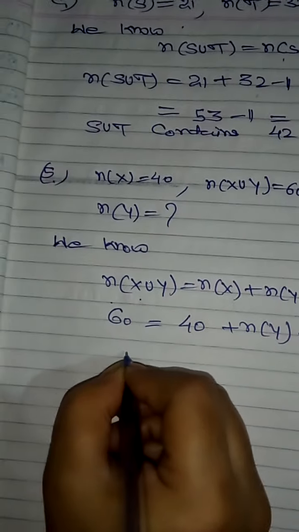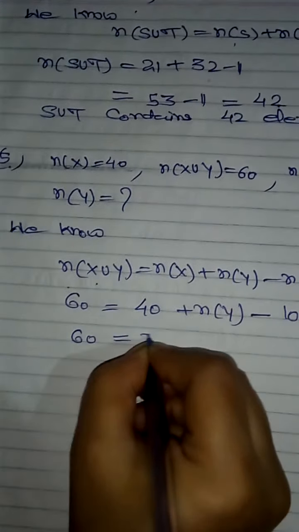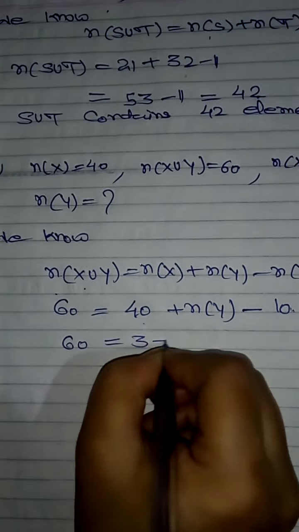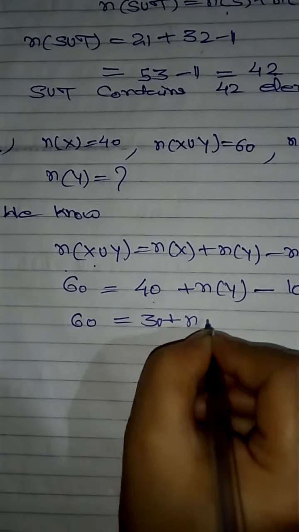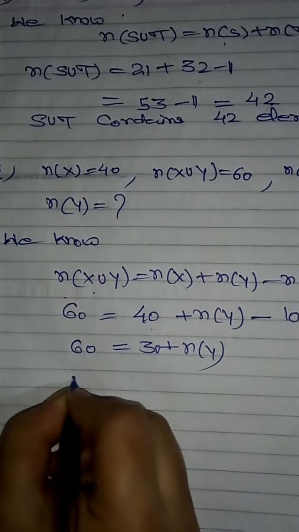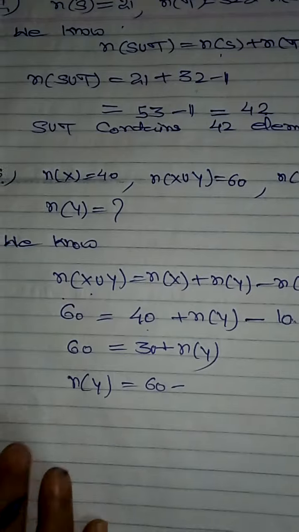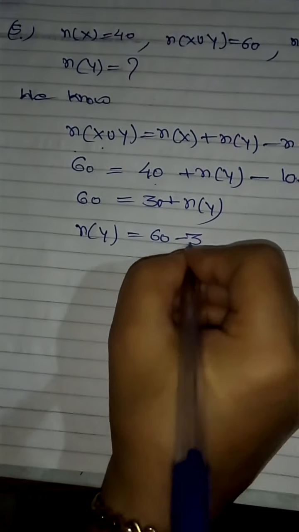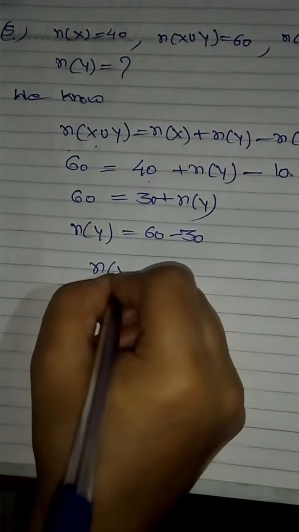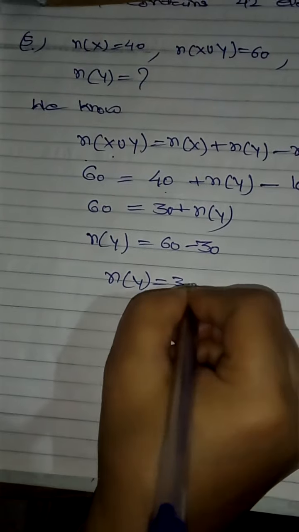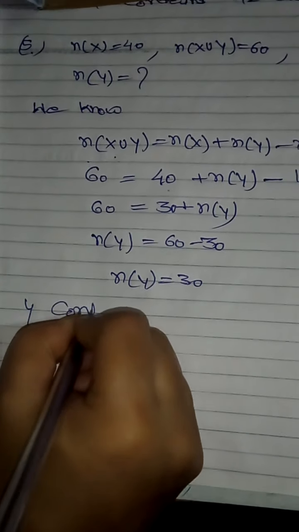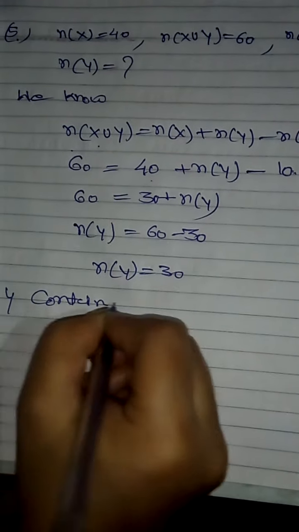So 60 is equal to 30 after solving these two terms, plus n of Y. So n of Y is equal to 60 minus 30, so n of Y is equal to 30. So Y contains 30 elements.